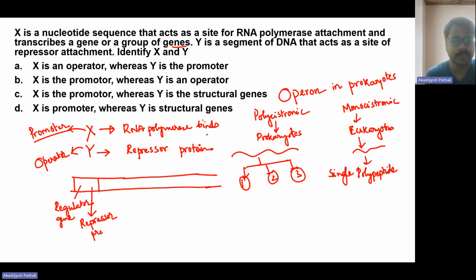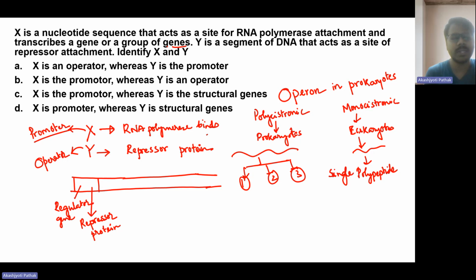So it will code for a protein which will control the transcription of a group of genes. Based on that, the operon is classified as a positive operon or a negative operon.